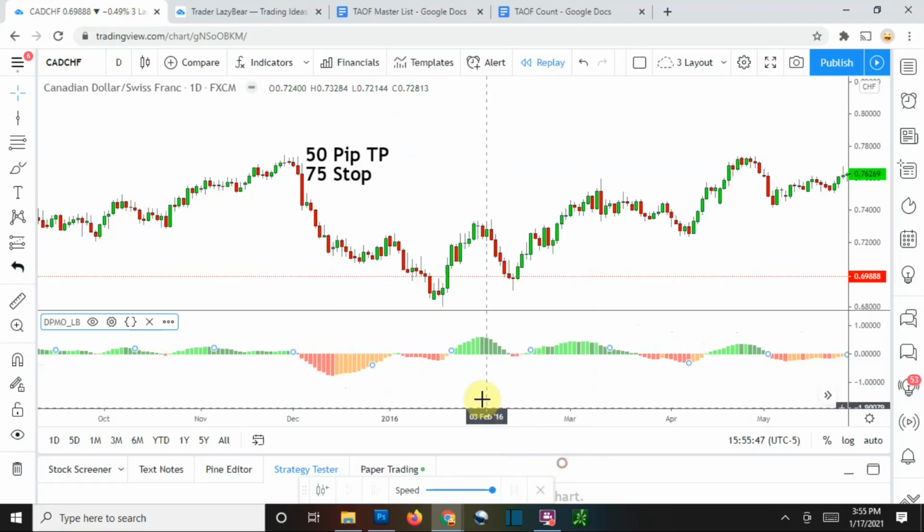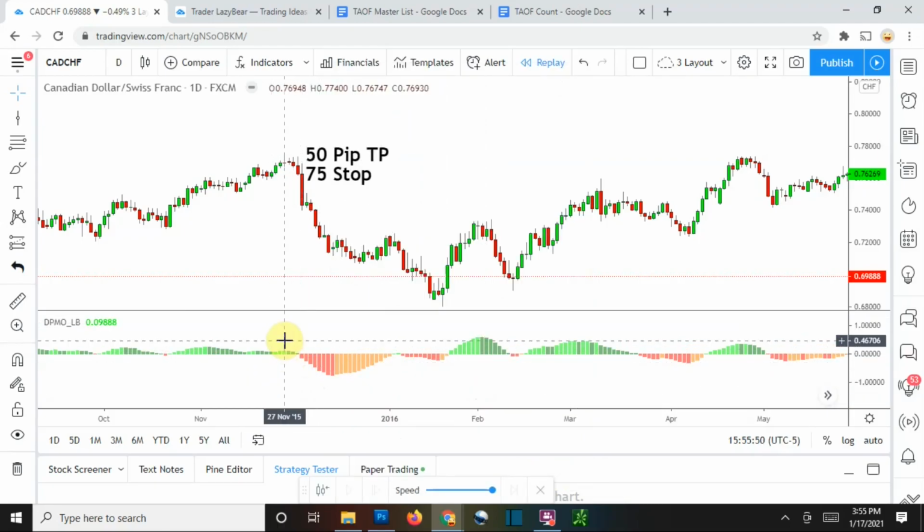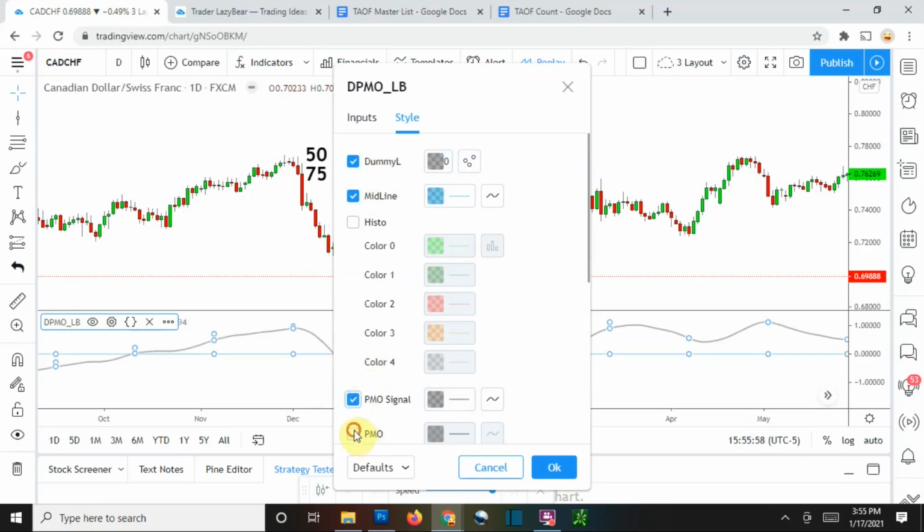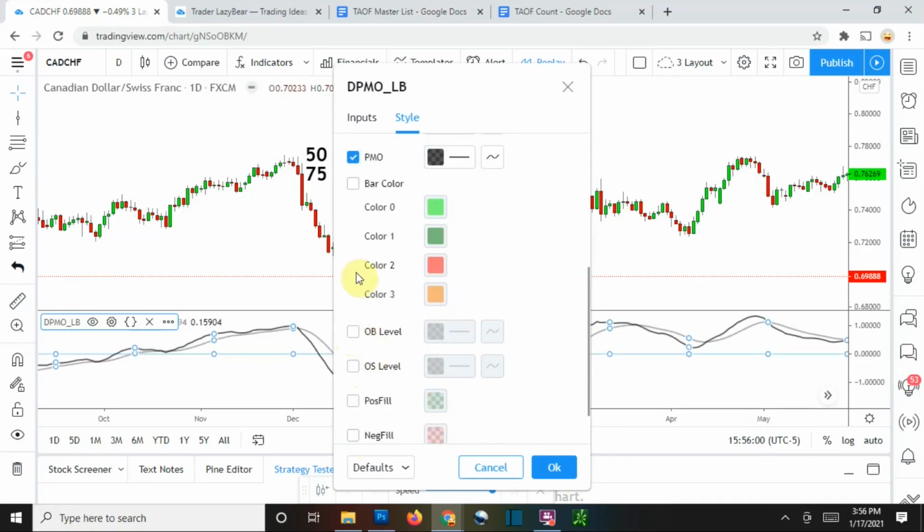There we go. So you can view it in a histogram version like this, or you can view it without the histogram with all the other oscillating lines in place.